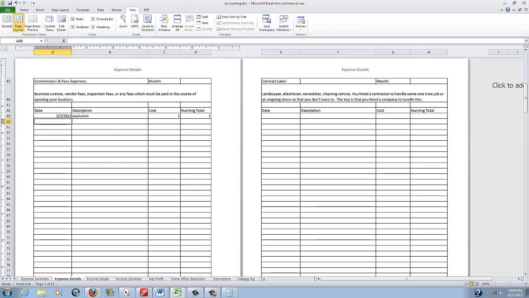I have a Square charge. And then I have some more Paylution.